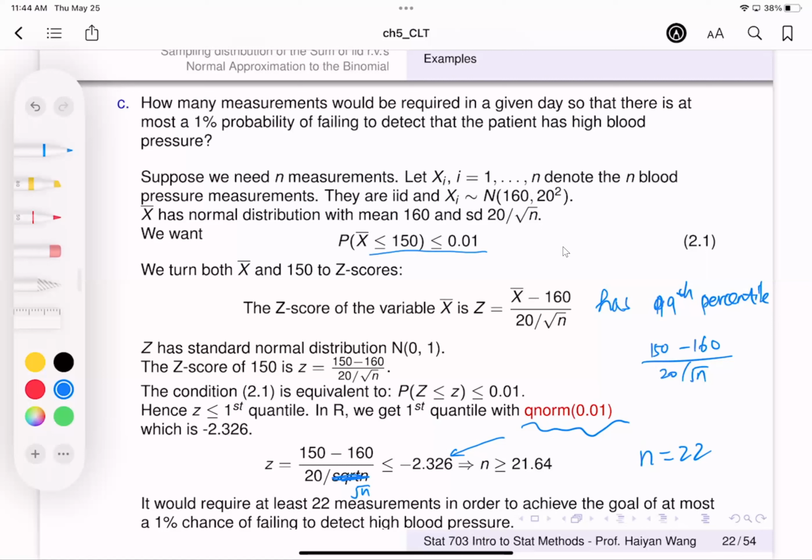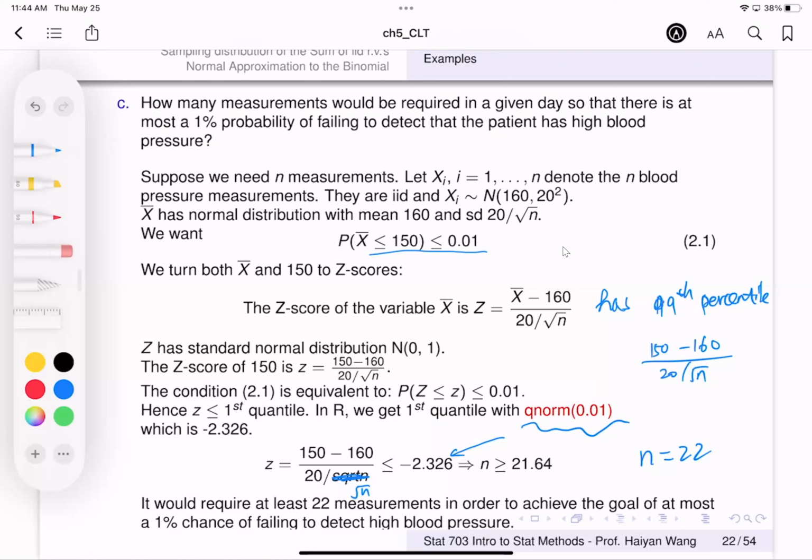For that 99th percentile, we need to relate to the standard normal's percentile, because the distribution of X bar depends on the unknown standard deviation, sigma over square root of n, but we don't have that n.